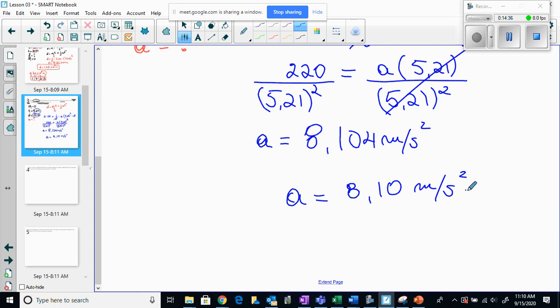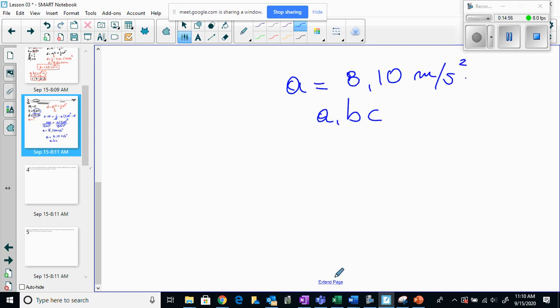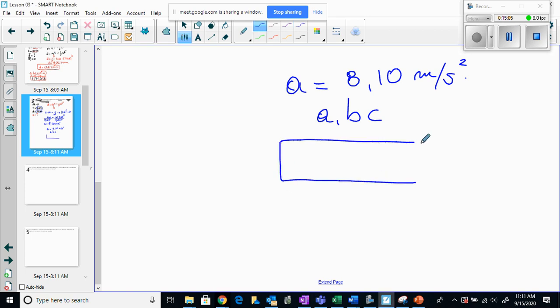If this was a numerical response question, then you would express this to the correct number of significant digits. This is usually the expression that they use: record them as A dot BC, and record them into the appropriate boxes. What you should expect is 4 boxes again, always 4, guys.